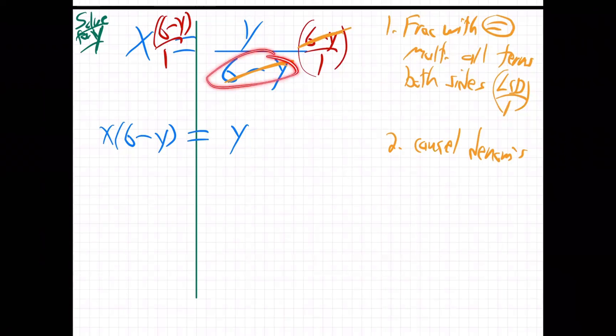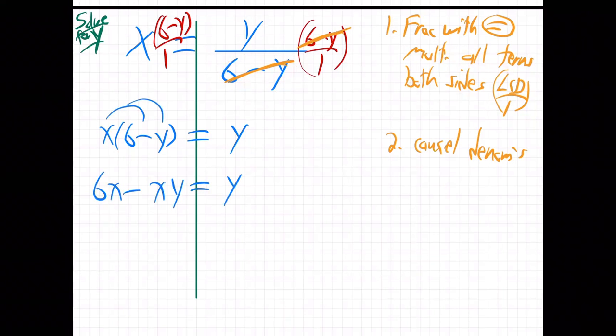Whenever we have fractions, we multiply all the terms on both sides by the LCD over 1. The only denominator in this problem is 6 minus y. So you multiply both sides by 6 minus y over 1, and these guys cancel. Now on the other side, we're just going to multiply through. So we get 6x minus xy equals y.